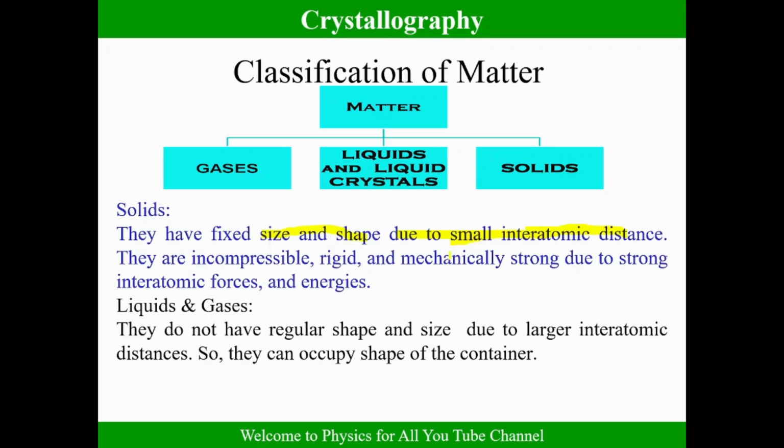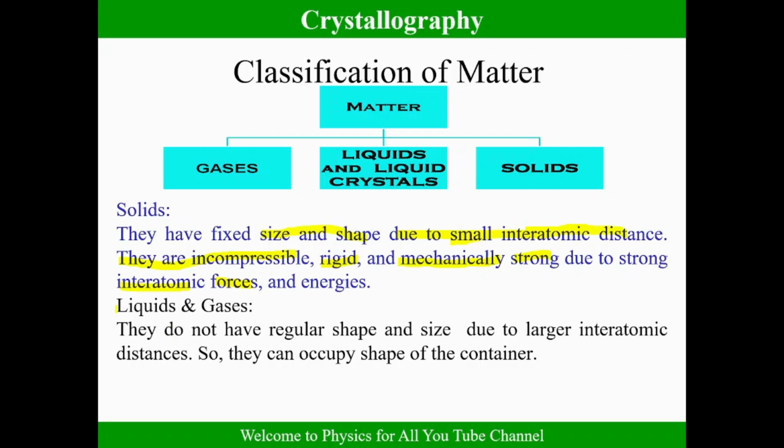Because of the low interatomic distance, solid atoms have larger interatomic forces. These larger interatomic forces are a creation of potential energy which binds the atoms together. Because of strong binding energies between one atom and another, solids are incompressible, rigid in nature, and also mechanically strong. These are the reasons behind the properties of solids.